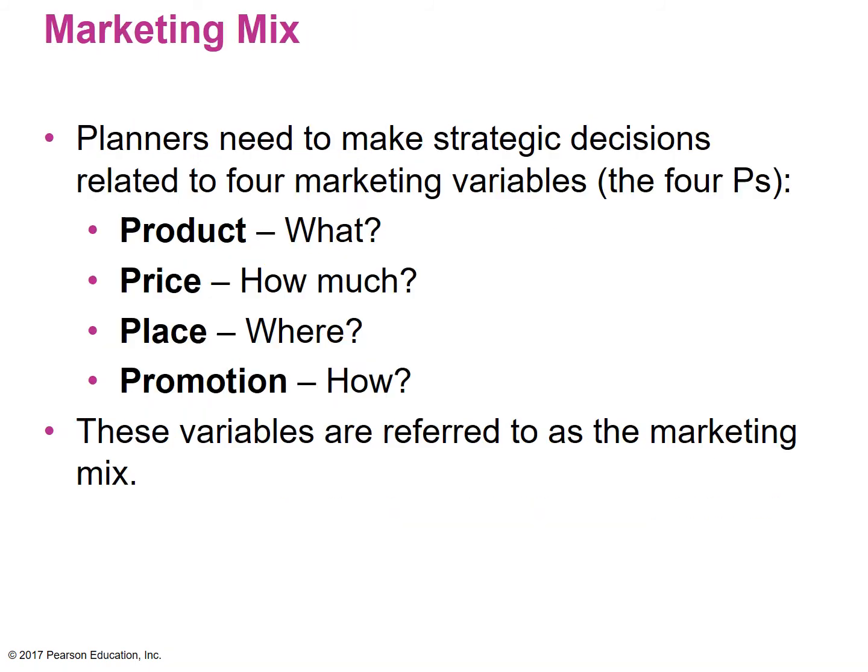Okay, so the 4 P's, we kind of talked about this earlier: product, price, place, promotion. Again, apply this to your social marketing approach and address each of these 4 areas. We refer to this as the marketing mix, and we borrow that term from commercial marketing.